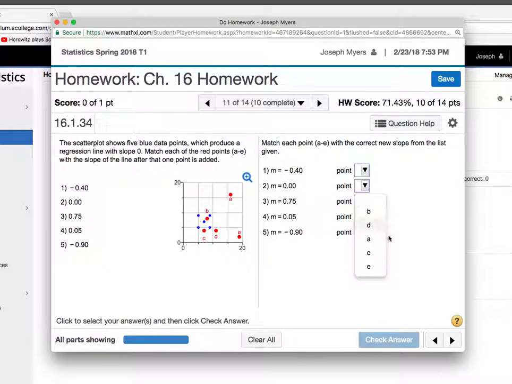So I'll pick, for 0, I'd pick point C. So I've eliminated C and A. And then, what about point B? Point B would probably be positive, because it's a little bit above the midpoint. So I'd say point B would be that one. Then how about point D? I'd say D would be a little bit negative. Fairly negative, actually. So I'd pick point D for there, and then point E, I'd pick that one for the last one. Now, I don't know if I've gotten them right. I'll just have to just guess.